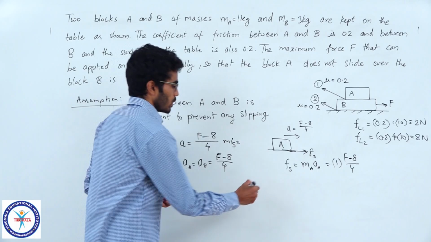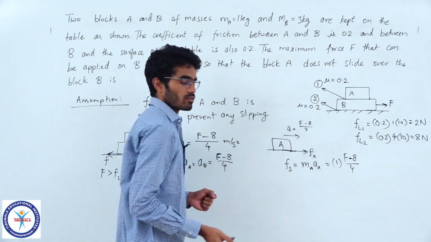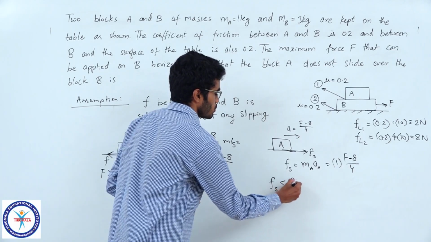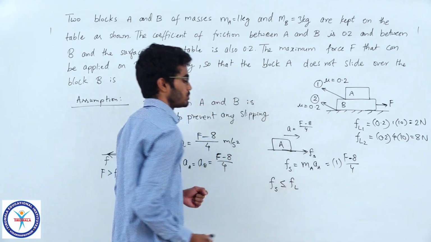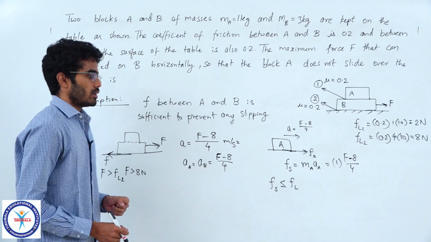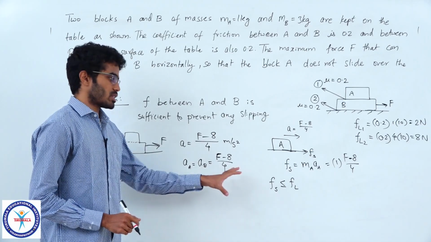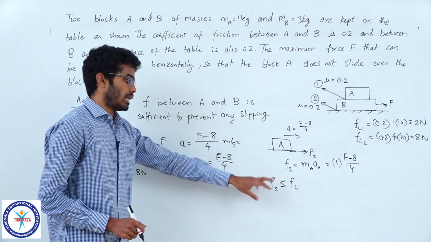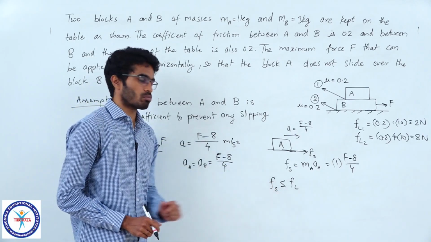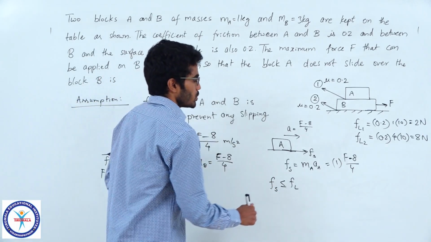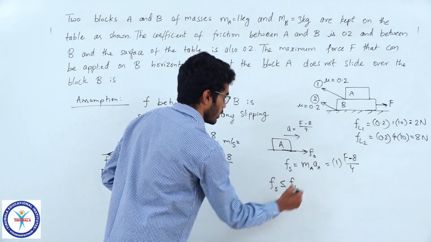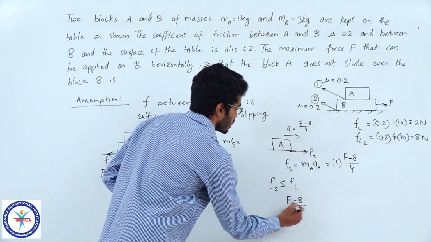Let us apply an inequality. We know that the static friction value is always less than or equal to the maximum friction value possible. Whatever the friction acting here must be less than the limiting friction. So, that will be 2 newtons, and our F_s is (F minus 8) by 4.